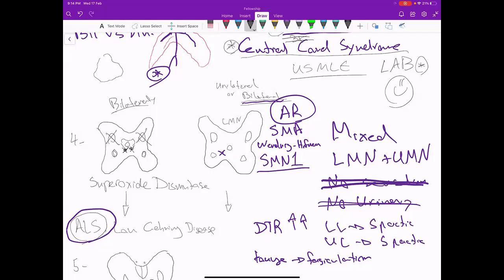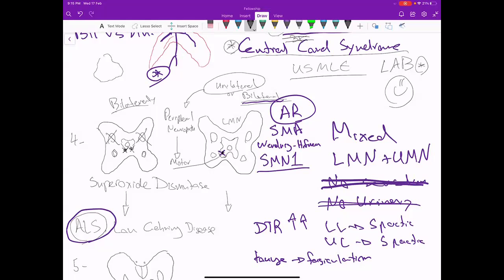Let's say that the lesion was just unilateral. If it's unilateral, lower motor neuron, then we can think of things like peripheral neuropathy. Okay. Maybe the ventral horn is not even damaged. Maybe it's just the motor peripheral nerve, right?